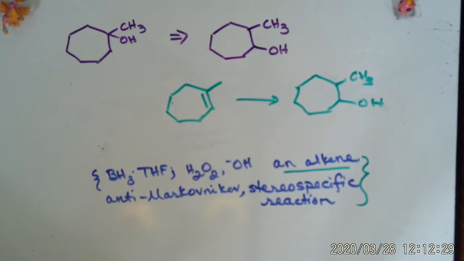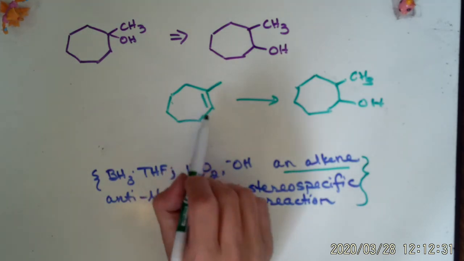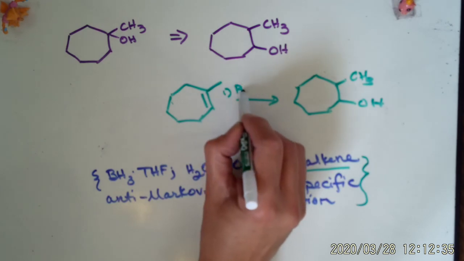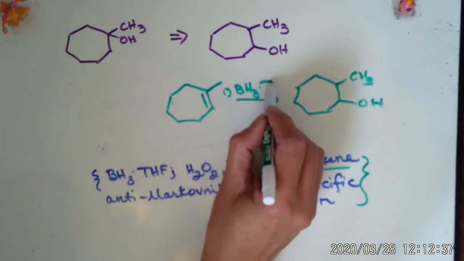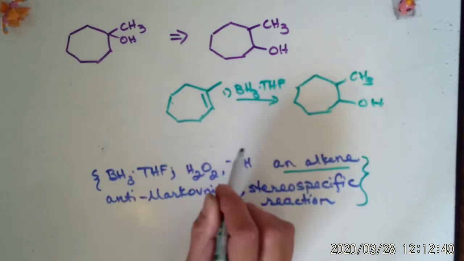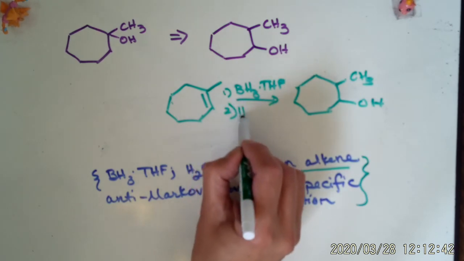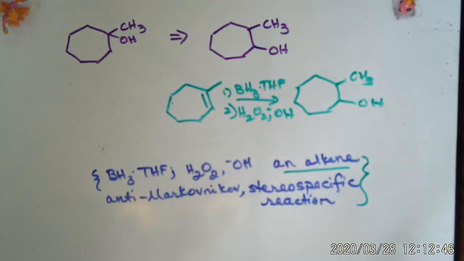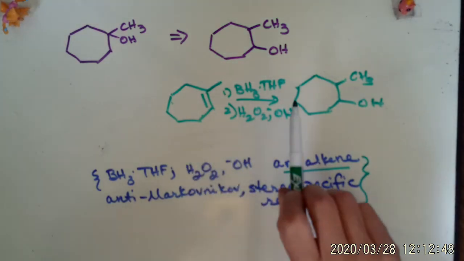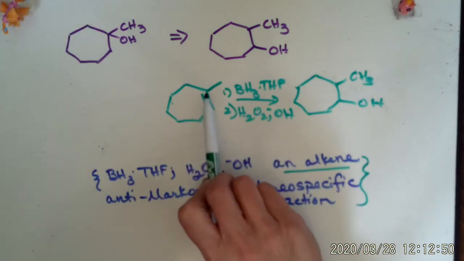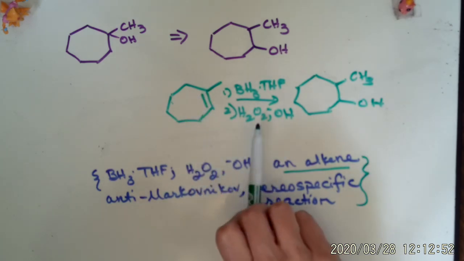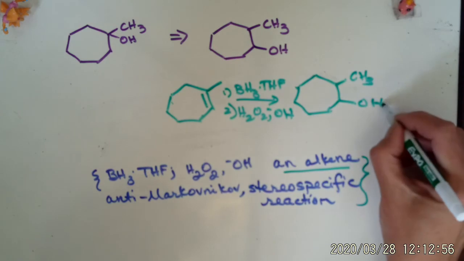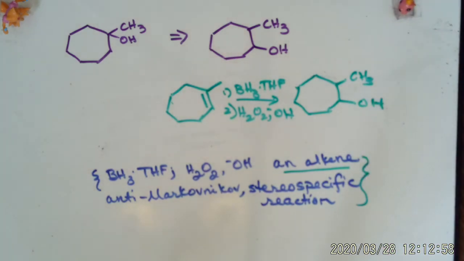Now, if I do this, then my first step, borane THF. Second step, hydrogen peroxide, hydroxide. And what do we get? What we find is that my hydrogen will go on the most substituted carbon. My hydroxyl group will go on the least substituted carbon. Exactly what we want. So that's good.